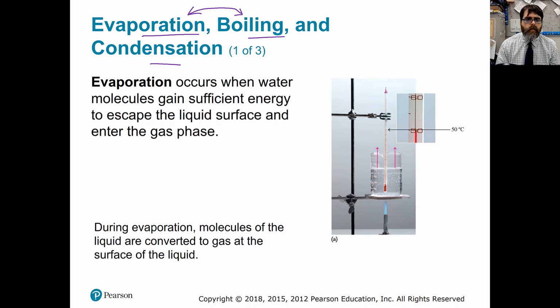And what happens is, because you have particles moving around randomly within a container, on occasion, with something like water or any other thing that can evaporate, you'll have a particle that gets close to the surface that has enough kinetic energy that it just naturally is able to break free. That there is evaporation.